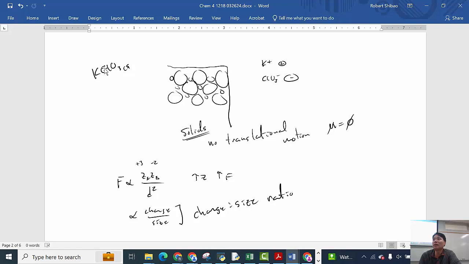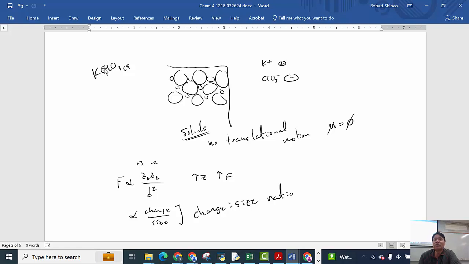But there's one that's different. Which one's different? Hydrogen. H plus is different because that has an extremely large charge to size ratio, making it extremely reactive.